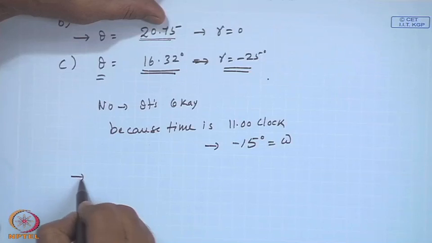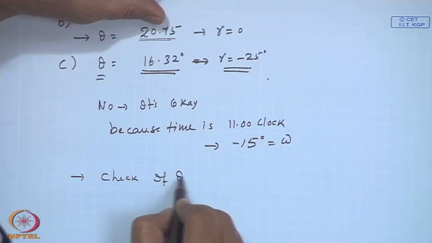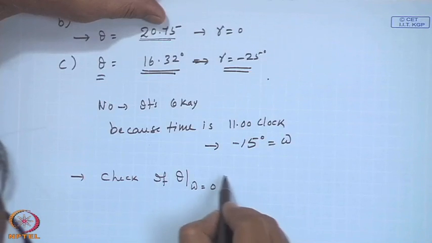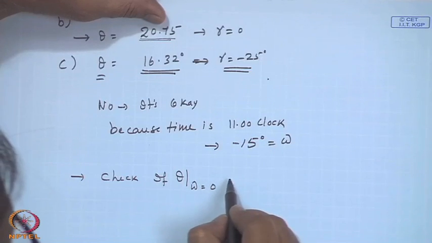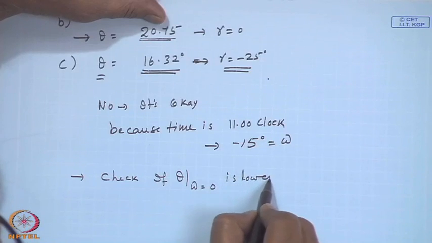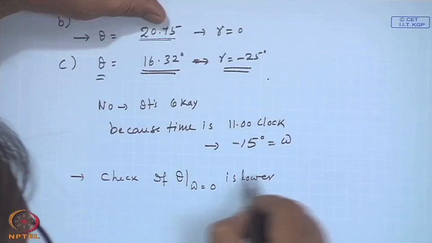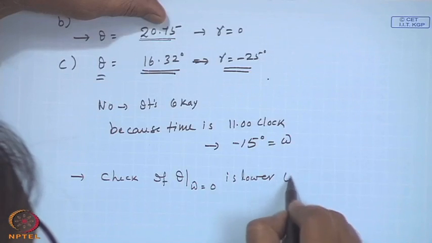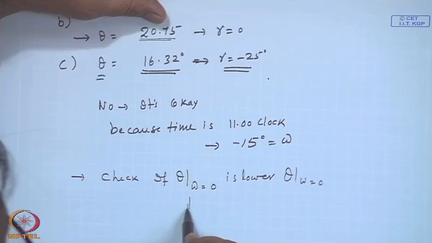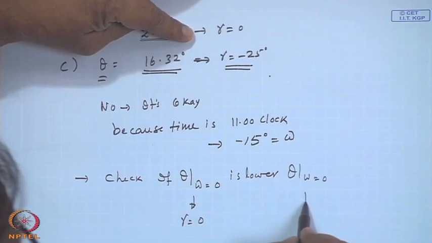So, I can leave it for you to check if theta is lower at omega equal to 0. This is for gamma equal to 0.